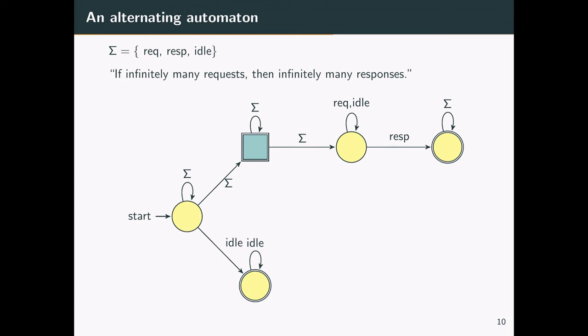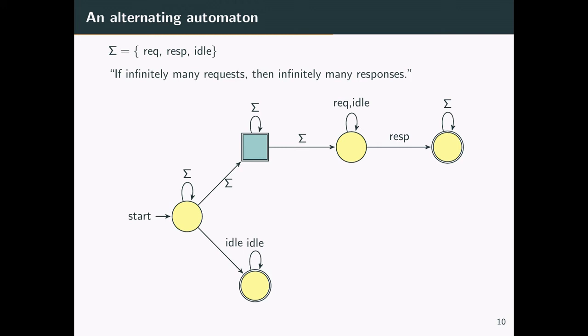So how do we proceed? The acceptance of an alternating automaton is as follows. In non-deterministic automata, it is enough for there to exist one accepting run over the input word for the word to be accepted. In a universal automaton, every run over the word has to be accepted.